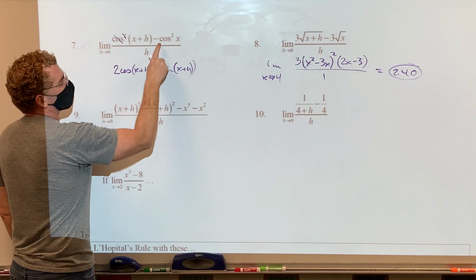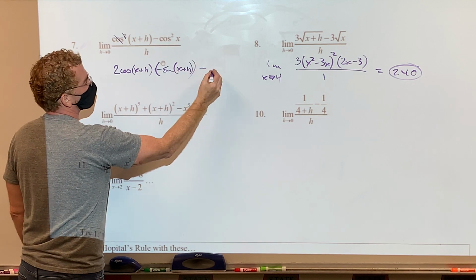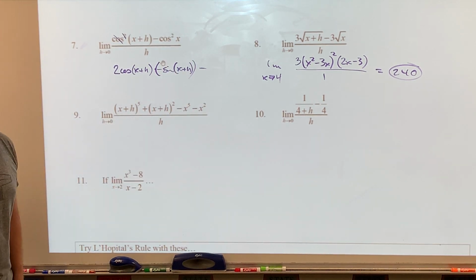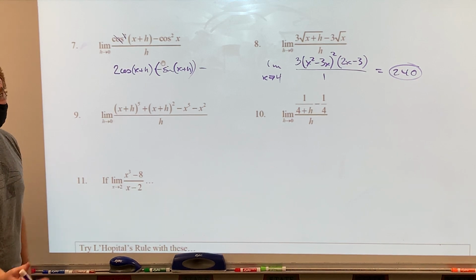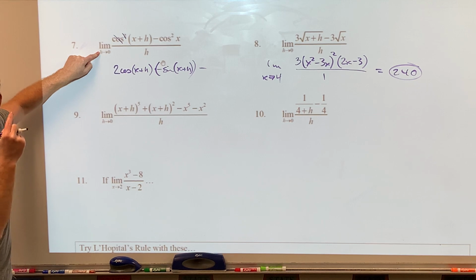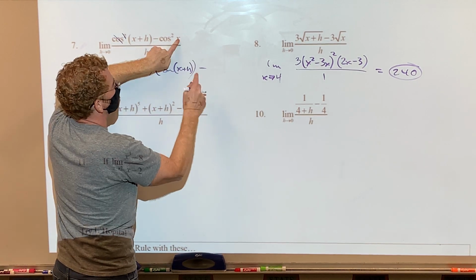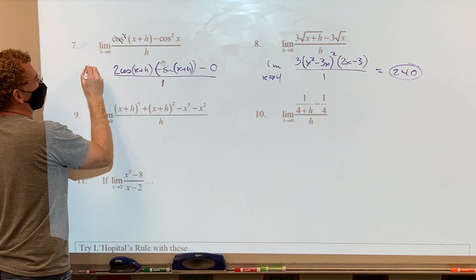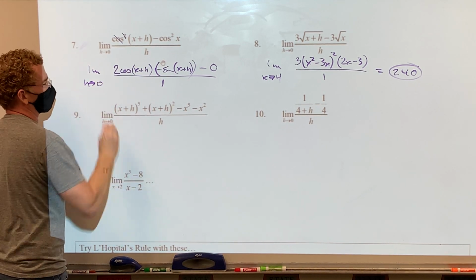And then on the bottom, oh, then by the way, what's the derivative of the cosine squared? 0. It's tempting to write 2 cosine x times negative sine x, isn't it? Because you're used to that, but the derivative is with respect to the variable. So x means it's a constant, and that would be a 0 then. Derivative on the bottom, and redo your limit.